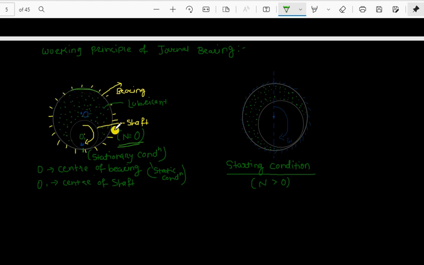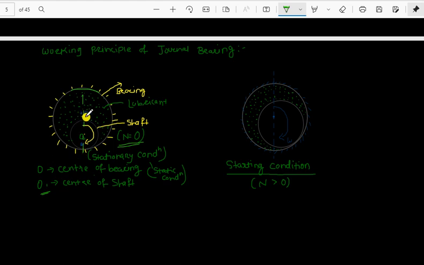Okay, and this is the lubricant. As the shaft starts rotating, before that, what will be the position of their centers? We will see the center of the bearing, which is starting. This is O, and the O dash or O1 is the center of the shaft. It will be moving. As in the first case, you can see these are in line, right?